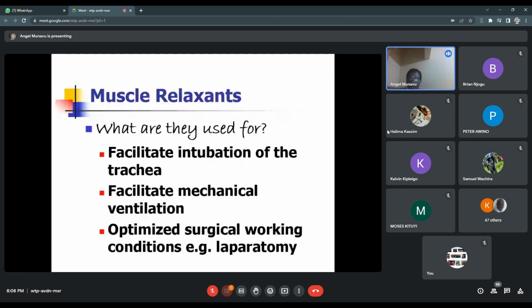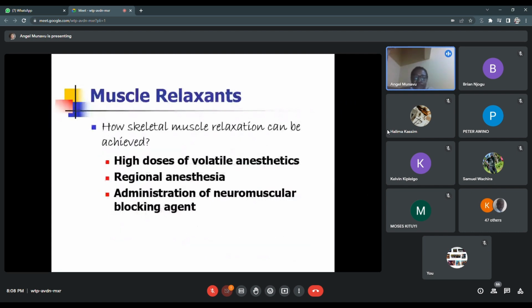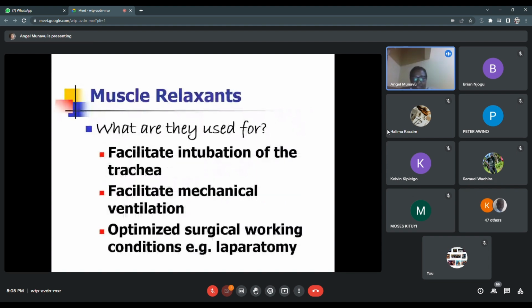So there are those three uses of muscle relaxants. One, to facilitate intubation of the trachea. Two, to facilitate mechanical ventilation. And three, to optimize the surgical working condition of the surgeon, especially when doing laparotomies and surgeries around the chest.